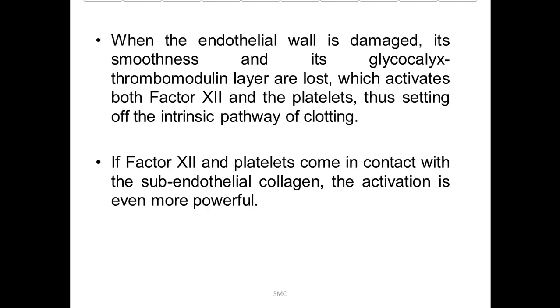When the endothelial wall is damaged, its smoothness and its glycocalyx and thrombomodulin layer are lost, which activates both factor XII and the platelets, setting off the intrinsic pathway of clotting. If factor XII and platelets come in contact with the subendothelial collagen, the activation is even more powerful.